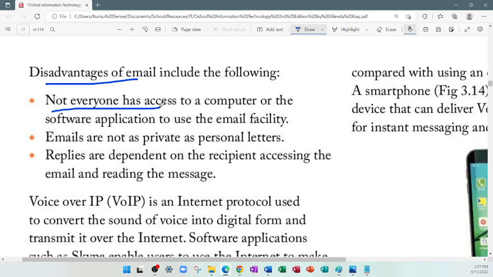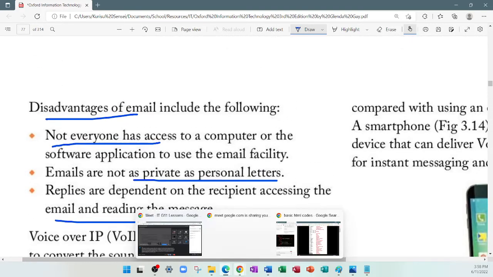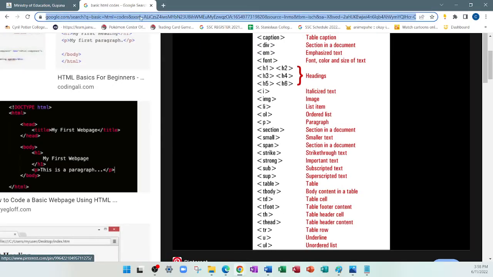Not everyone has access to a computer, and so they won't be able to receive an email. Emails are not as private as personal letters, so basically any person can go on the person's computer and access their email. And replies are dependent on the recipient accessing the email or reading it. So until they access and read it, only then will they be able to make a reply.